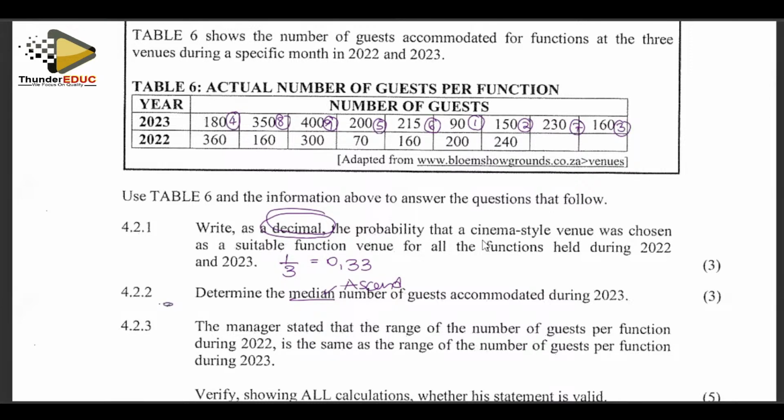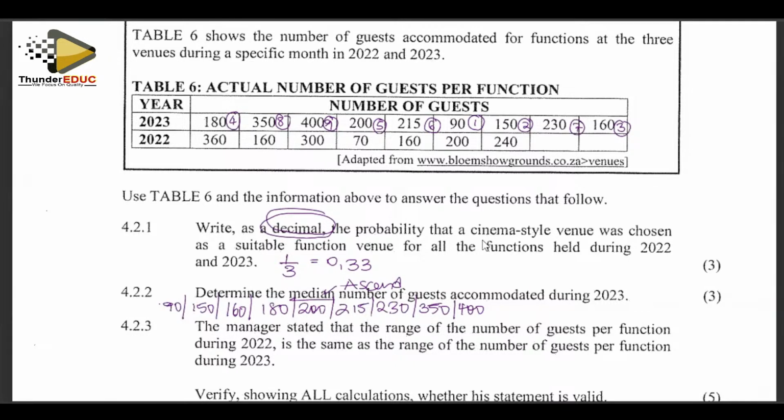We have 90, 150, 160, 180, 200, then 215, 230. We have 350. We have 400. And that's where we end.